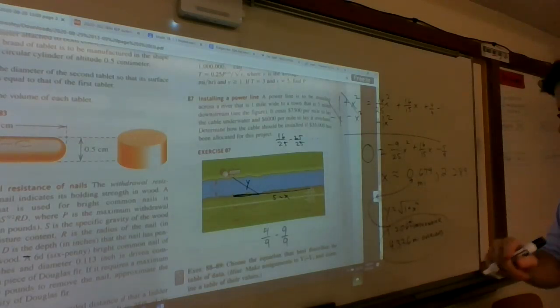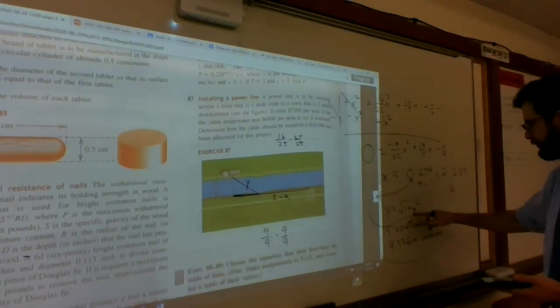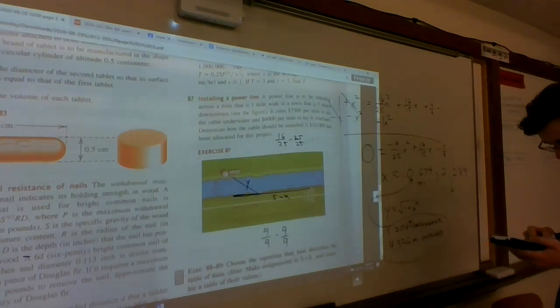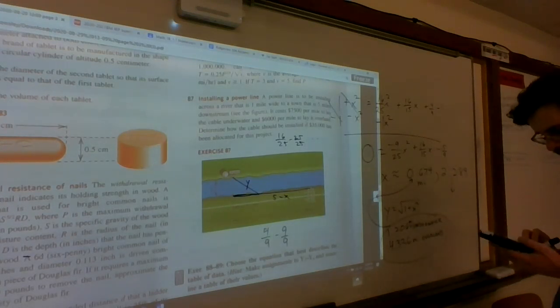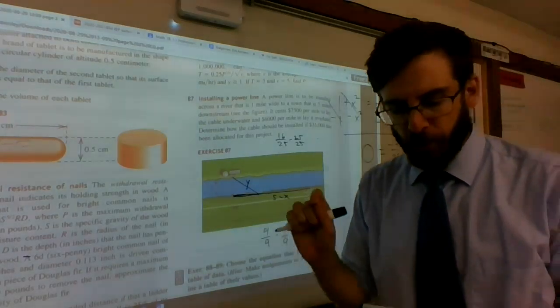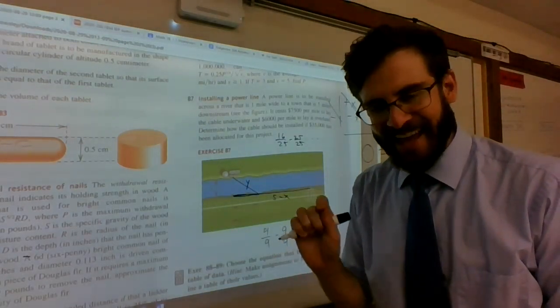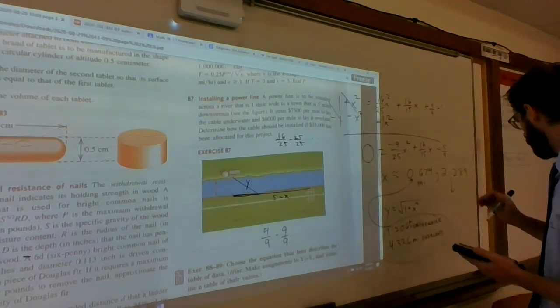Your second option would be to plug in 2.289 here, which would mean you do 2.498 miles underwater.